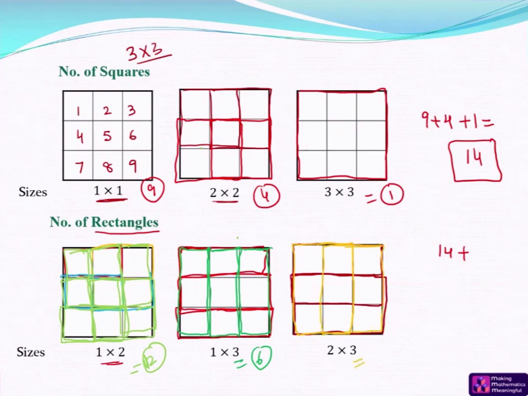So in total it amounts to 4. So 14 plus 12 plus 6 plus 4. How many total rectangles are we getting in this figure? 36.